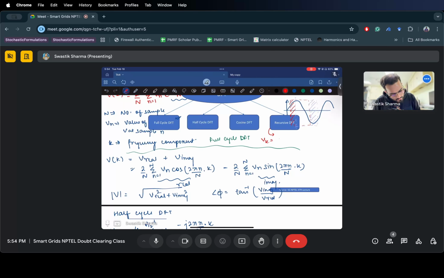Vk is nothing but vk dash, which is your old one, plus 2 by n summation n equals 1 to n is the window of your samples, vn e minus j 2 pi n by n k, right?